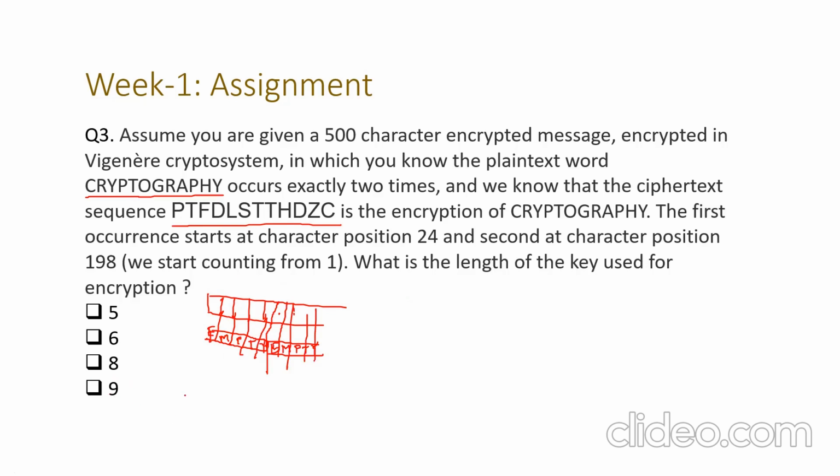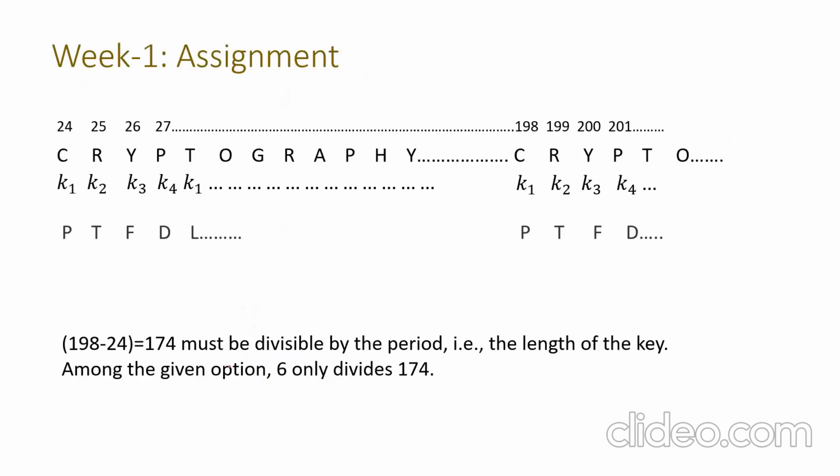Now, if you observe that the same string occurs in the ciphertext, first occurrence, I will just demonstrate how the situation is here. First at position 24, you observe that this string starts occurring, and then at position 198 it also starts. Okay. So let's say, if it had been the case that the key size is 4, right?